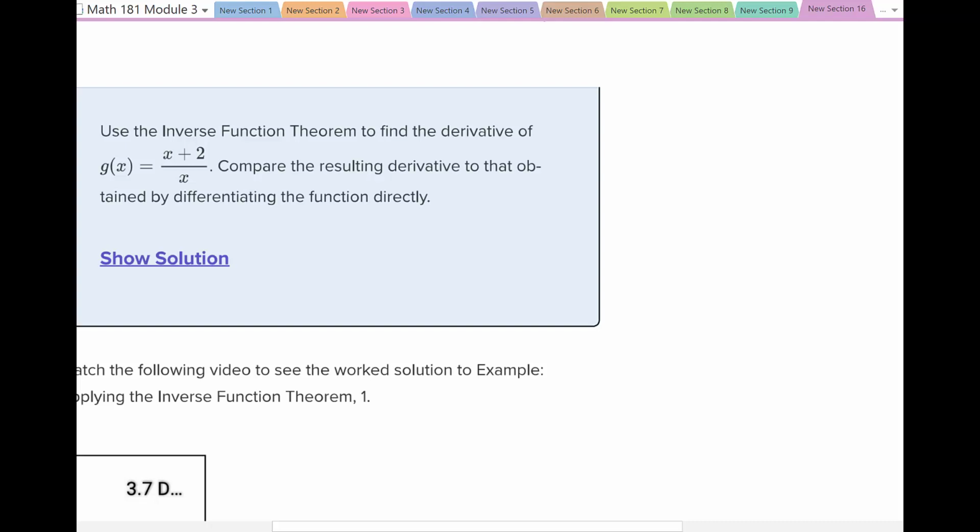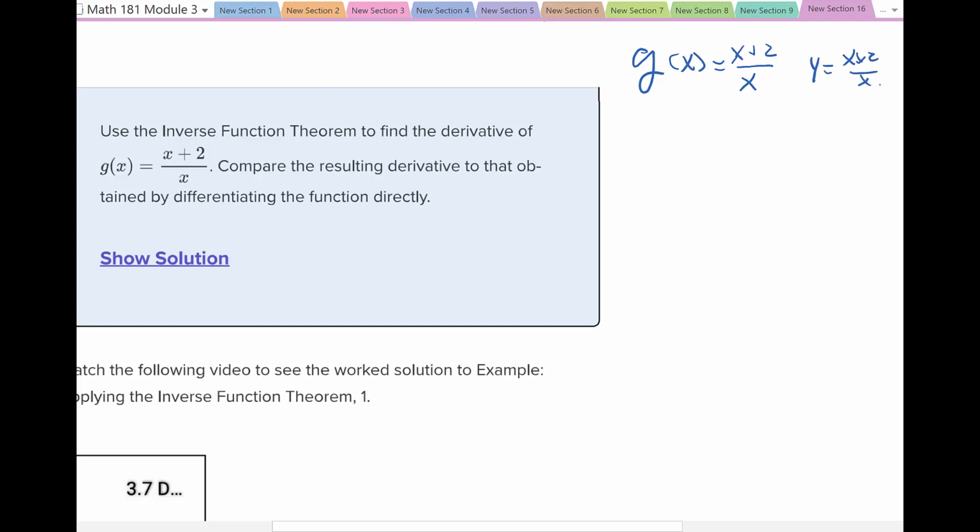So we have g of x equals x plus 2 over x. And in doing the inverse, we can write y equals x plus 2 over x.